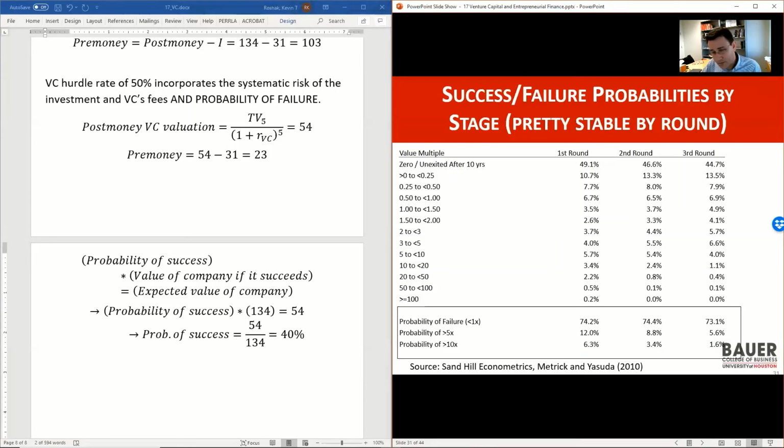You pay a higher price, your returns are smaller, but still 3 to 2% of the time you're getting 10 times your money back. But just kind of glancing at this table, you see there's huge probabilities of failure. And that's why the VCs need to use these very high hurdle rates.